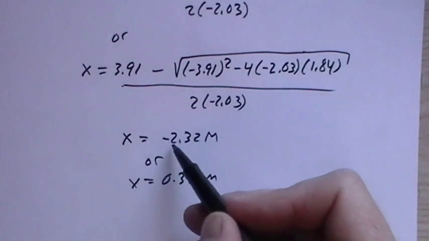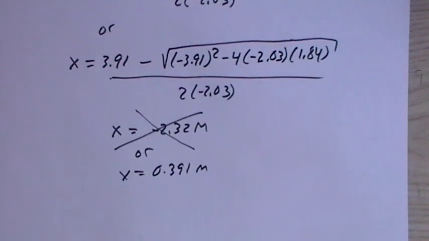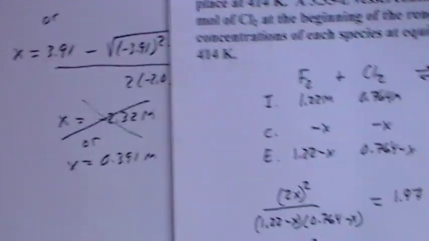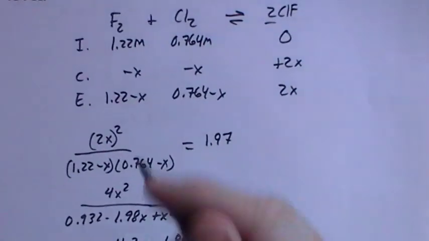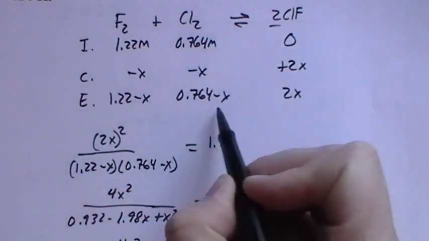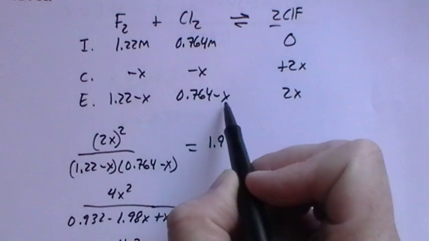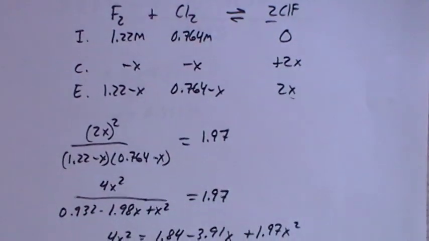Second thing is, if one of your answers comes up negative, immediately cross that off. That's the one that won't work. The other one has to. So let's make sure that it does. Looking back here, it's 0.39. So 1.22 minus 0.391 is definitely positive. 0.764 minus 0.391 is positive. 2 times that is positive, so perfect.